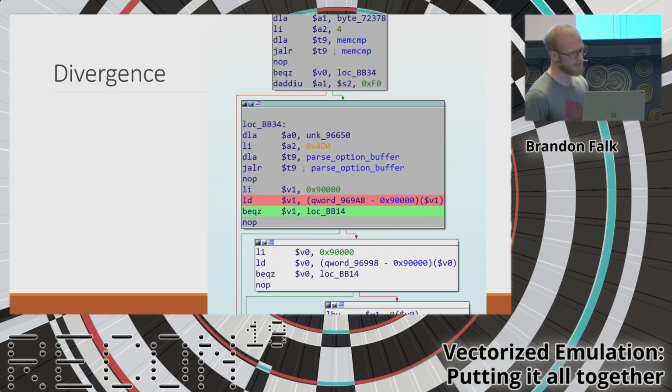In the case of IDA, visualizing this, the gray color, I think it's gray, once again, colorblind, shows me which instructions have executed during emulation. The red color is when a register write has been influenced by the user input. In this case, this is a MIPS load dword instruction, and it's loading into register V1. By this being highlighted in red, I'm being told that something about the user input causes that V1 register to contain a different value on this instruction.